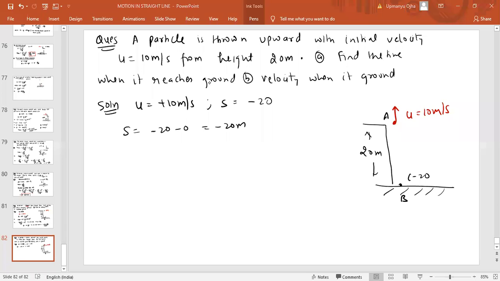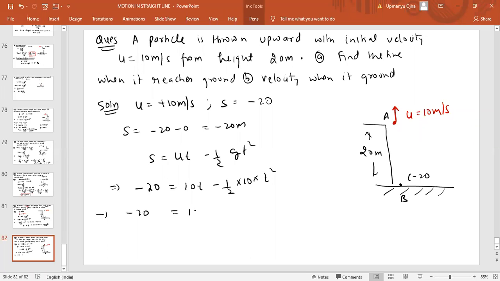So can we use the equation of motion here? S equal to ut minus half g t square. Now S will be minus 20. Initial velocity u is 10. So 10t minus half into 10 into t square, which means minus 20 equal to 10t minus 5t square.